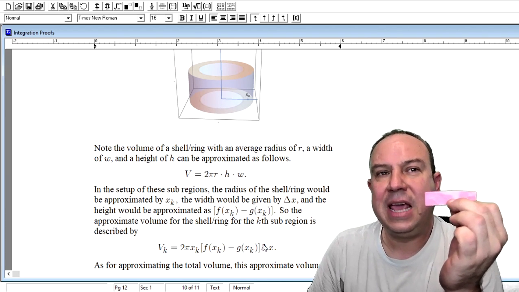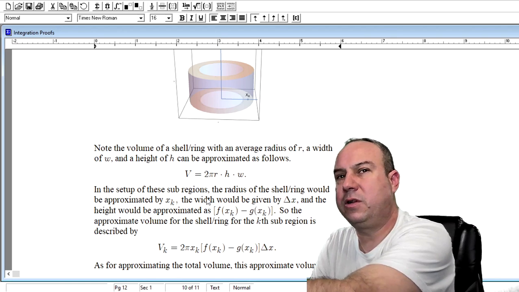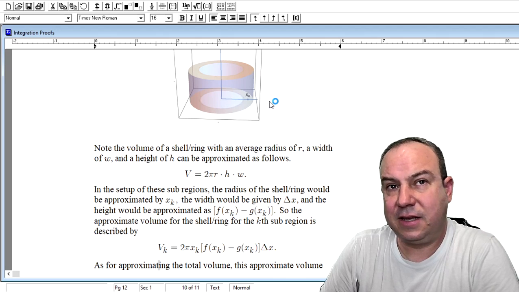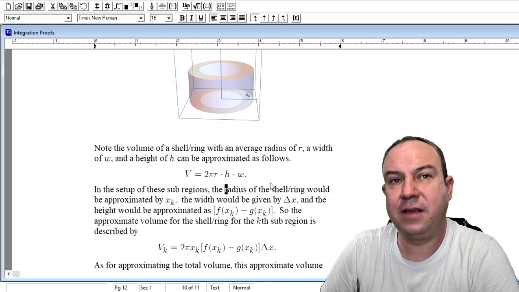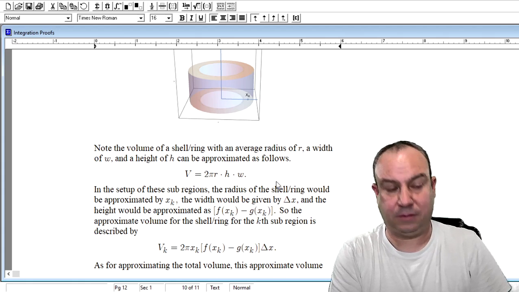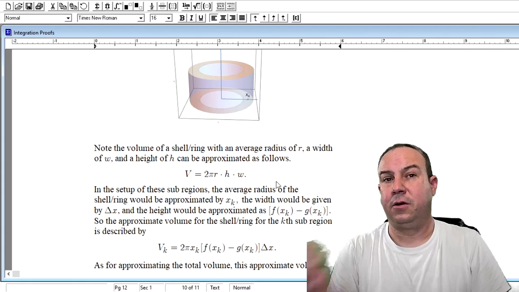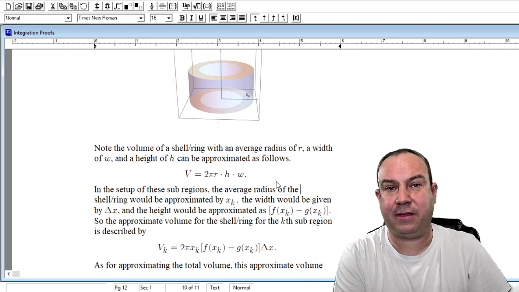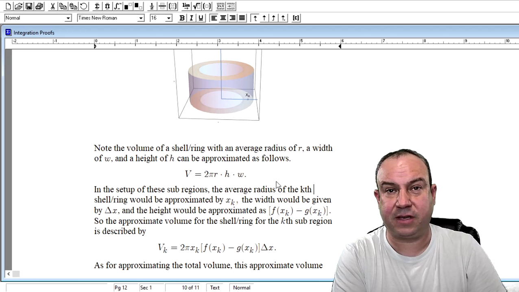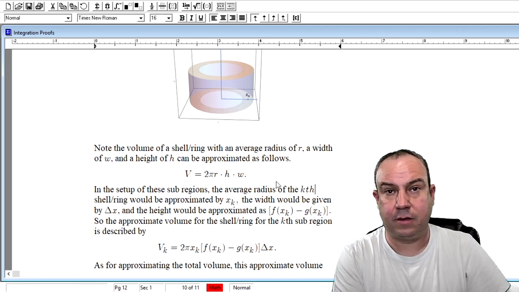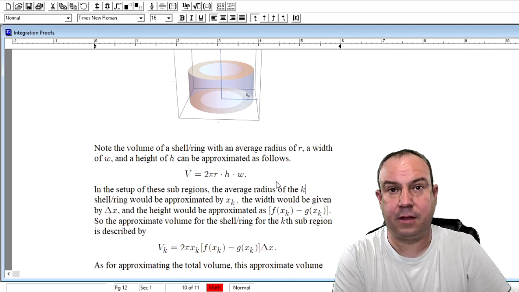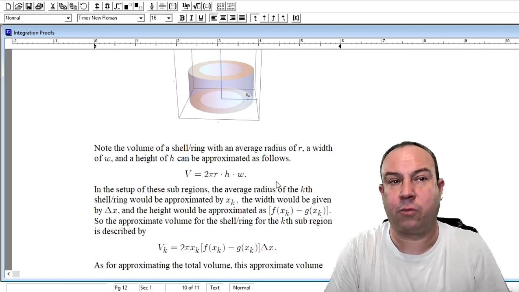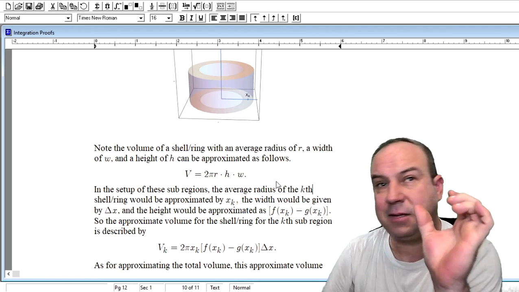Now, in our setup, the average radius of the kth shell or ring would be approximated by x sub k.